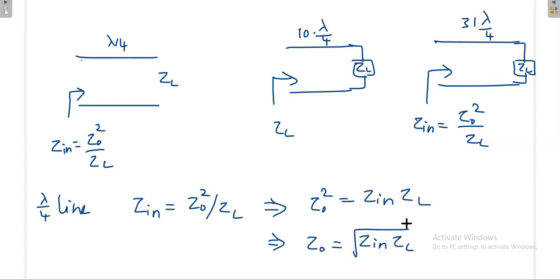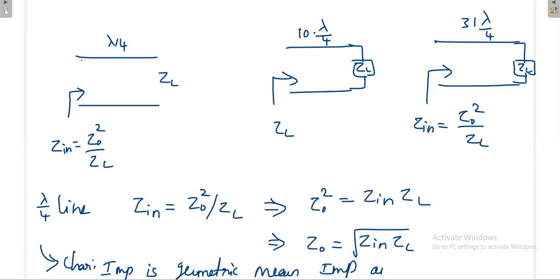The characteristic impedance of the lambda by 4 transmission line is the geometric mean of the input impedance and the load impedance.